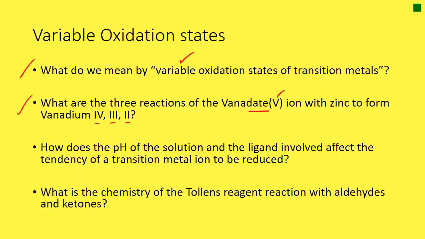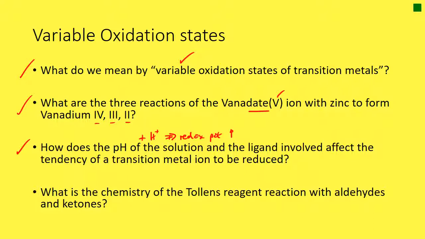So we did that, and we looked at the pH of the solution and how that affected the redox potentials, and we generally said that if you add H+, then what that does is it leads to a redox potential increase, and more likely reduction reaction of the transition metal ion. And also the ligands involved, we noted qualitatively that if you change the ligand from water, then the redox potential will be different from the standard electrode potential, which you use is pure water.